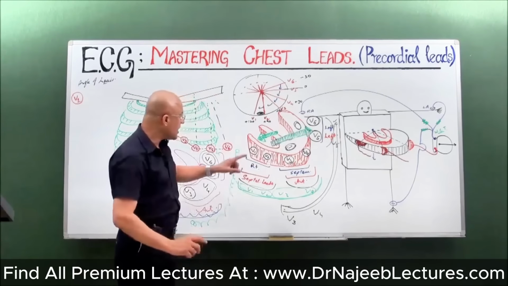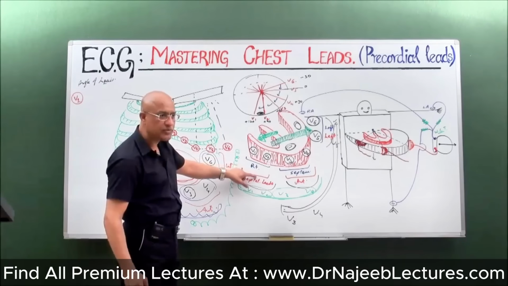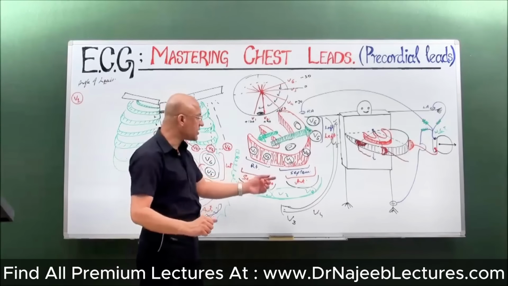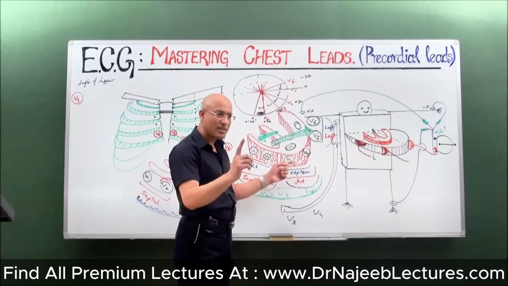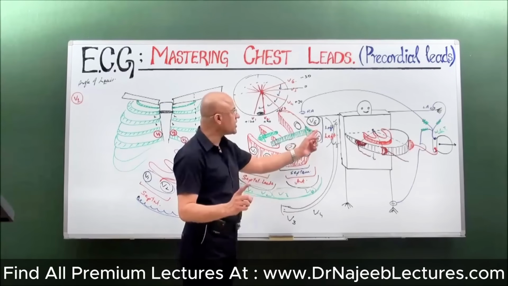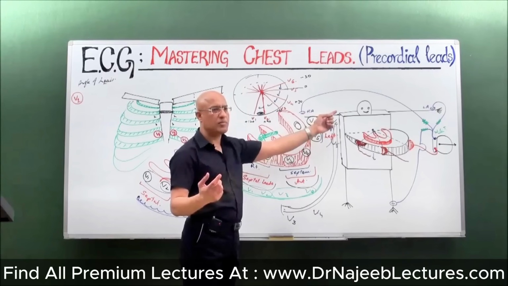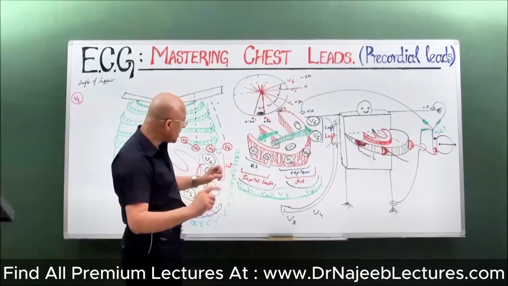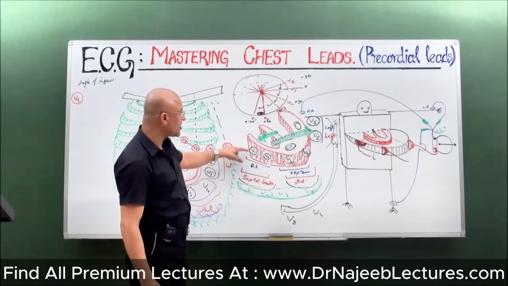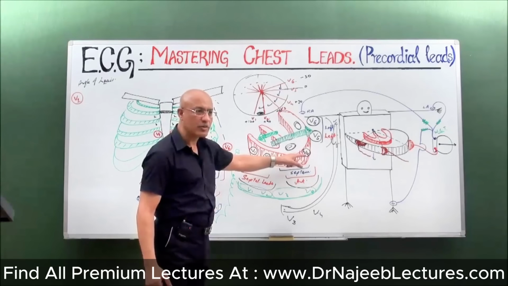Clear? Then if MI changes are only in V1 and V2, septal MI. If MI changes are strictly in V3 and V4, strictly anterior MI. If MI changes are only seen in V5, V6, right? Lateral. Of course, with that, they may be seen in bipolar limb lead 1 and AVL. They are also left-sided leads. Then, if MI changes are extending from V1 to V4, anteroseptal.